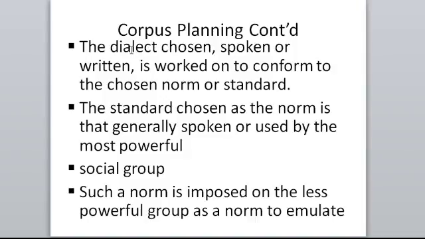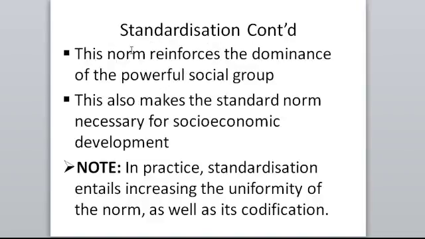And this would include the social groups. And such a norm is imposed on the less powerful group as a norm that they should emulate. So it's very, very important that people understand what really goes into standardization and what this implies.